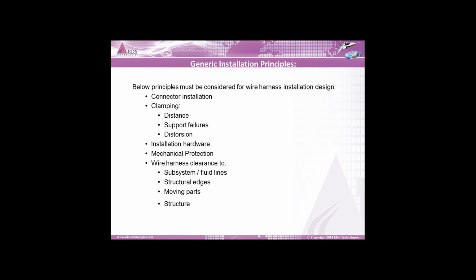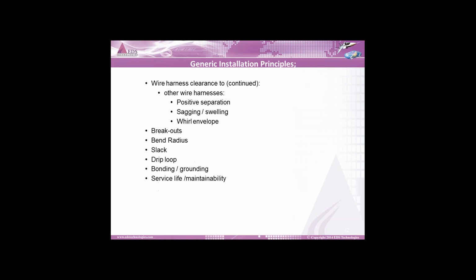For example, if you have fluid or fuel flow, what should be the distance between the fluid flow and the electrical cable? If you have sharp structural edges, they should not cut your wires. For moving parts, how do you automize your electrical harness cable? And how can you sustain the EMI effects?